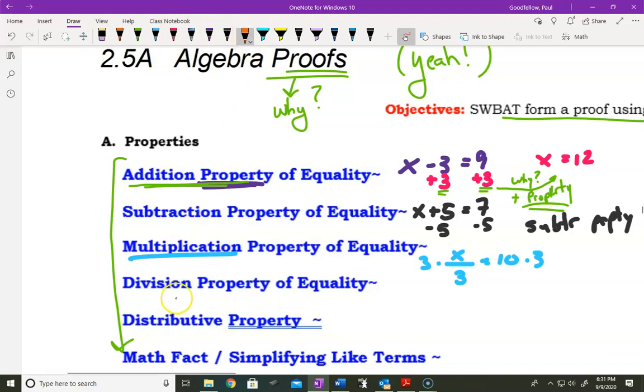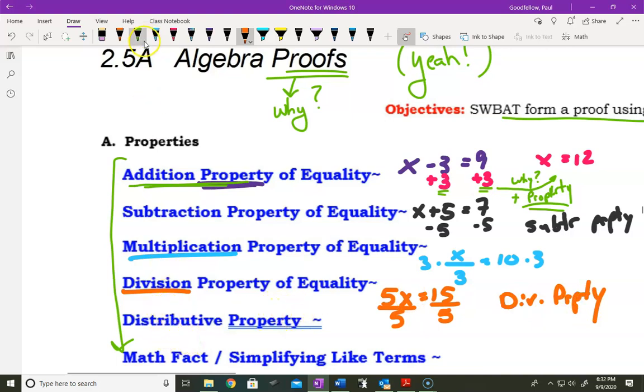Then we would have things that got rid of multiplication. Like, say, for instance, we had 5x equals 15, and we divided by 5 on each side. That'd be the division property of equality. Okay? Now, you'll probably notice that I like to simplify these and make them simpler. I don't want to write division property of equality every time. Division property, so you get the idea.